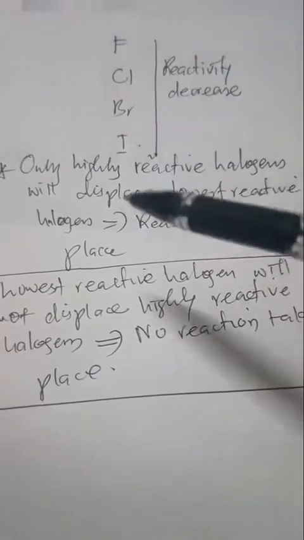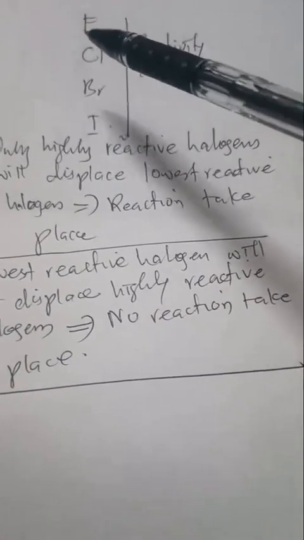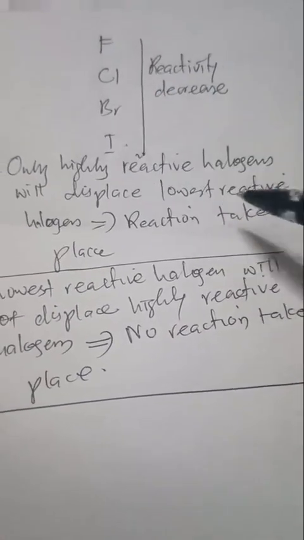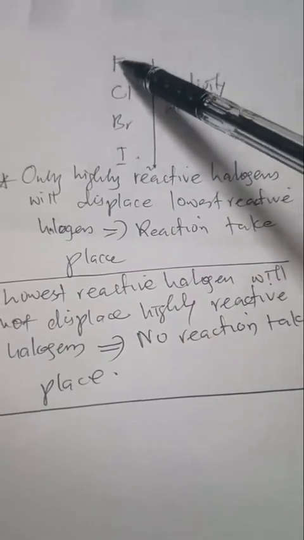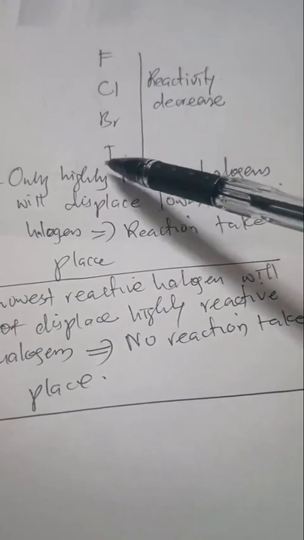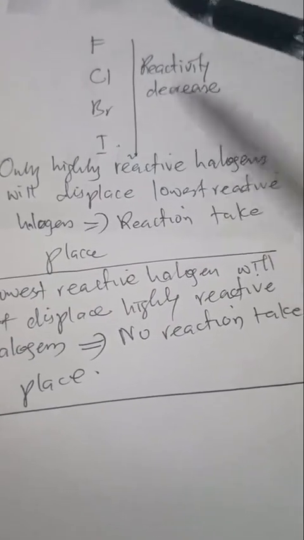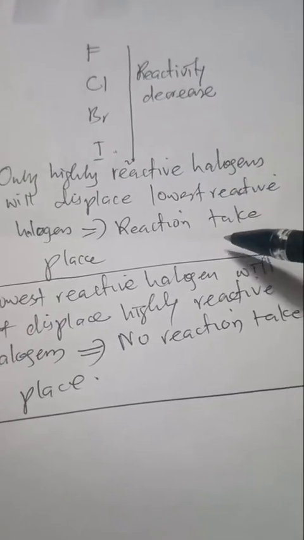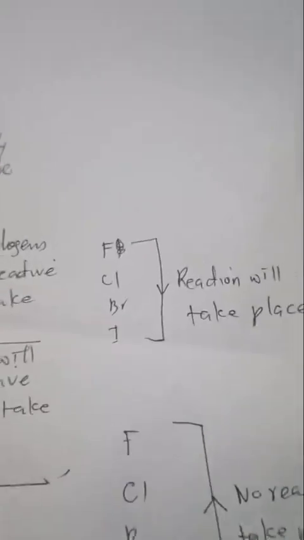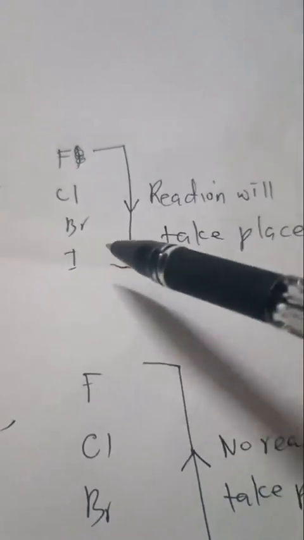So only the highly reactive halogens will displace the less reactive halogens. If the more reactive halogen displaces the less reactive one, then the reaction will take place. So this indicates that the highly reactive will be able to displace the lowest reactive.